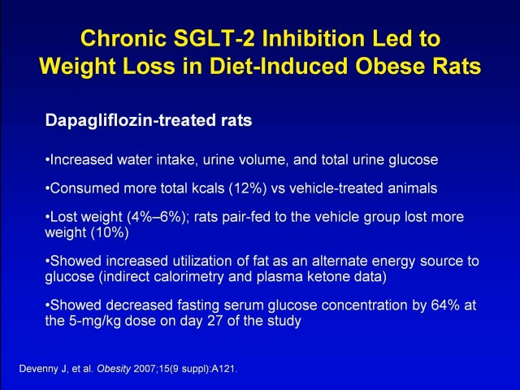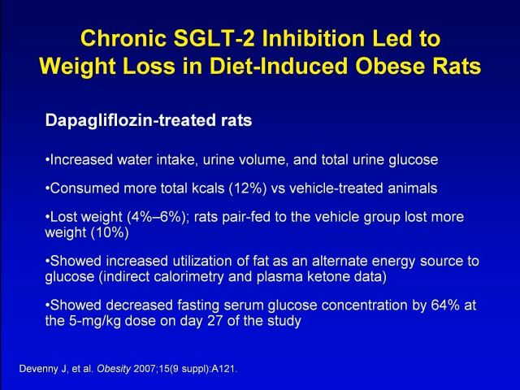The consumed calories were increased by 12% versus the vehicle-treated animals, meaning controls. Although they actually consumed more calories, these animals lost weight, about 4 to 6%, and if you compare them to the vehicle group, they lost 10%.